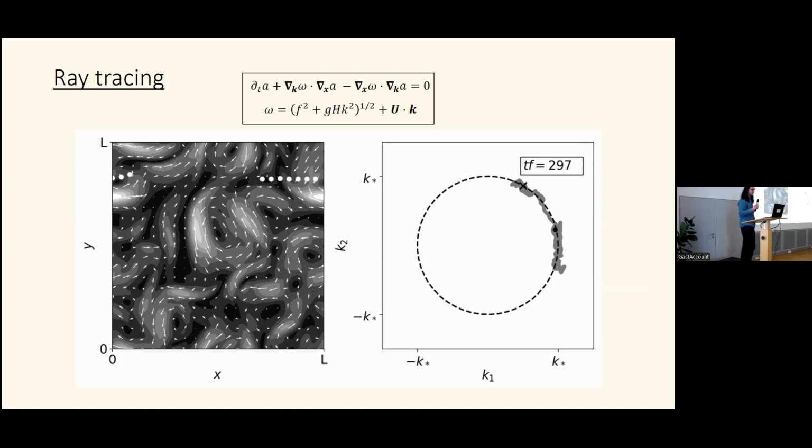So the point I'm trying to make here is that I'm sitting in a regime where on the left there, your blob of constant action is not really being refracted much. You'll see that when it's passing through these eddies, it does get refracted a little bit, but not so much. But then if you're in spectral space, so that's on the right there, the blob of wave action is being distributed around this circle of constant frequency.